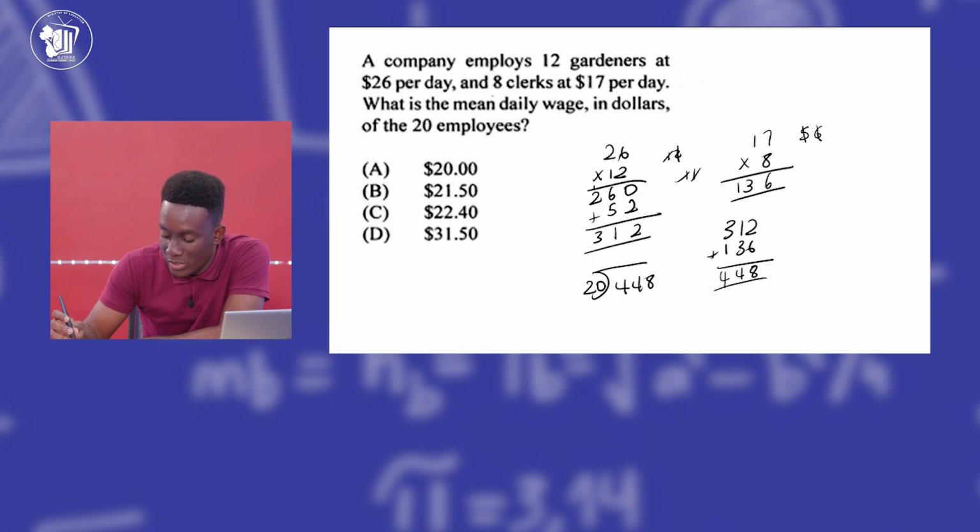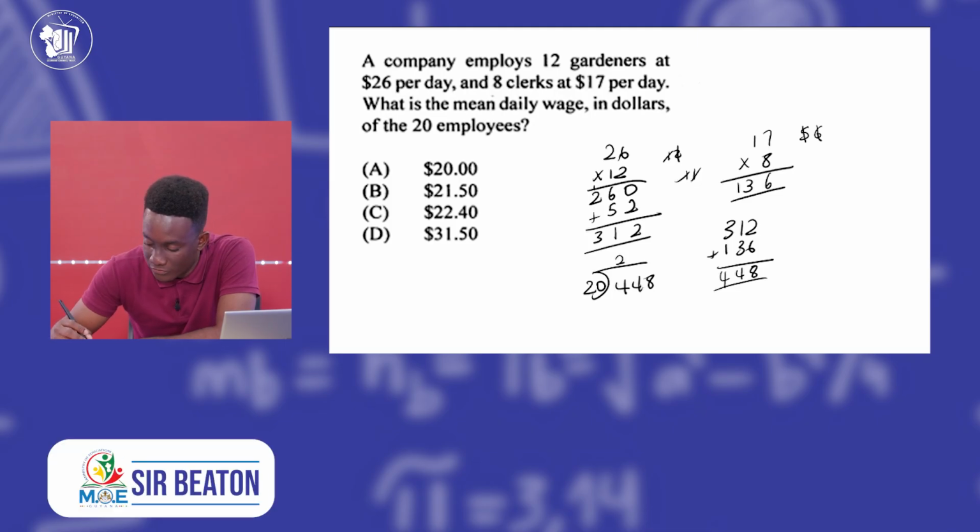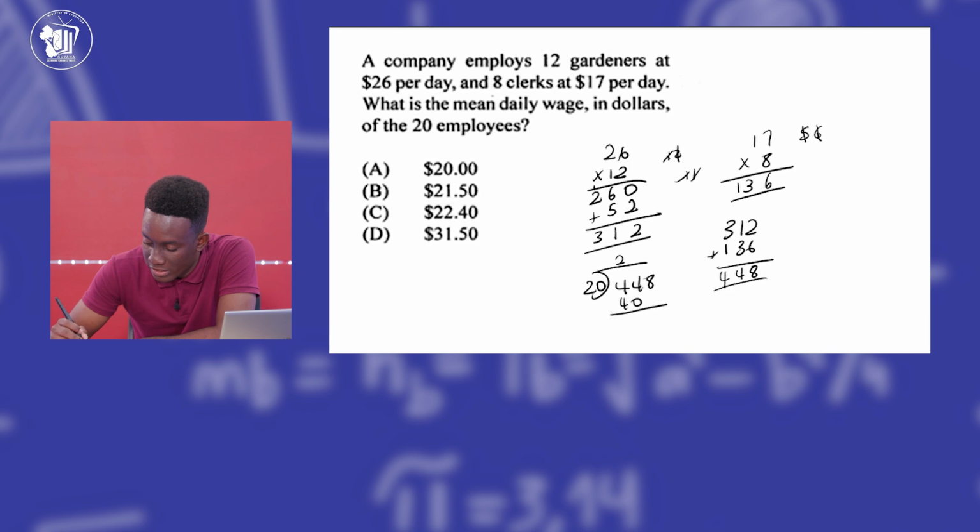So this will give us the mean wage of the 20 employees. 20 can go into 4, 20 can go into 44 2 times. 20 times 2 would be 40. We subtract that, we'll have 4. And we bring down the 8. So 20 can go into 48 2 times again. 20 times 2 is 40. And we subtract, 48 minus 40 would be 8.